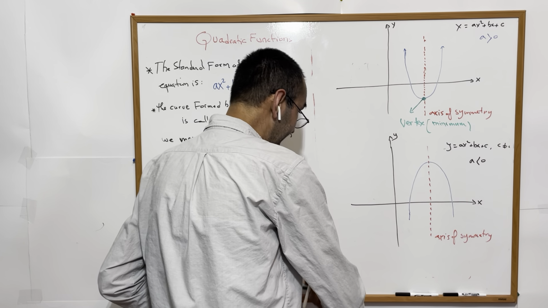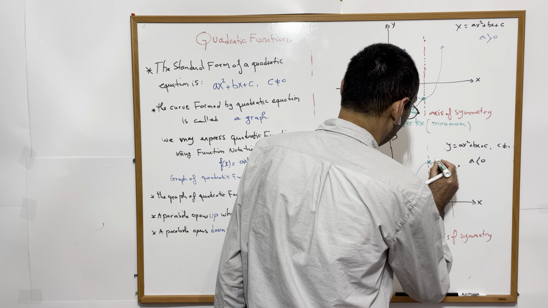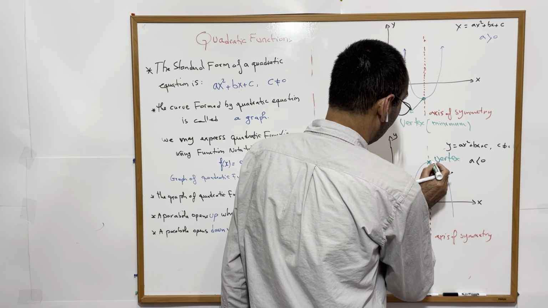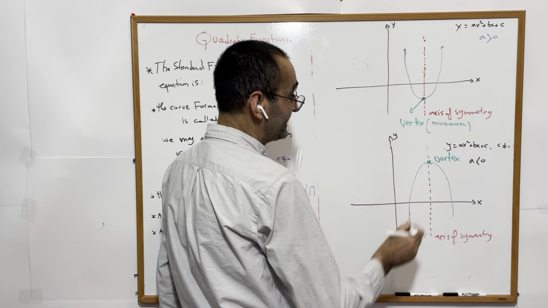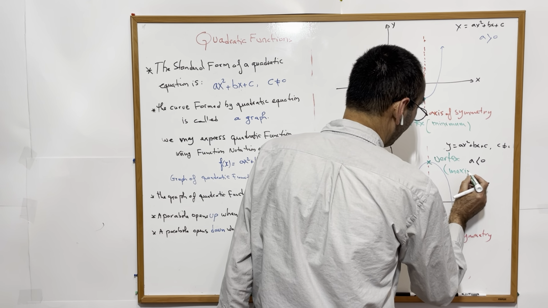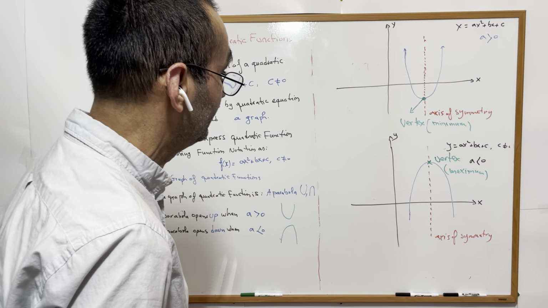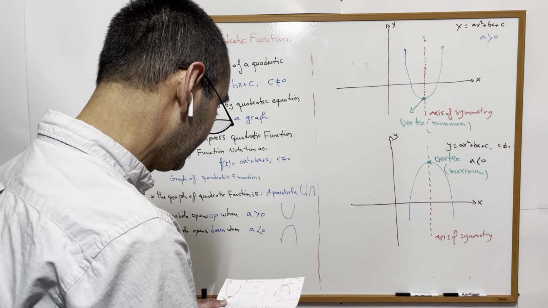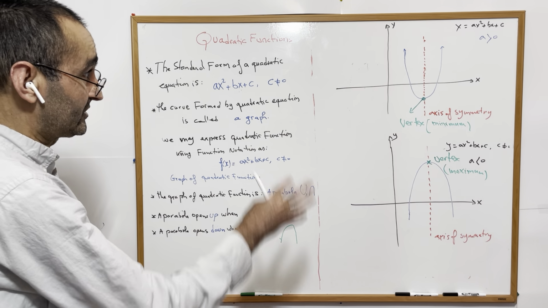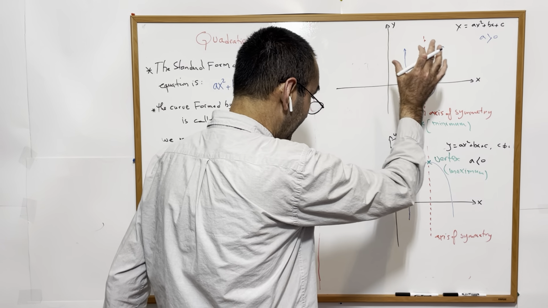And here you have the vertex. If you see, the vertex here is a maximum of the parabola. You have two types of parabola: opens up and opens down.